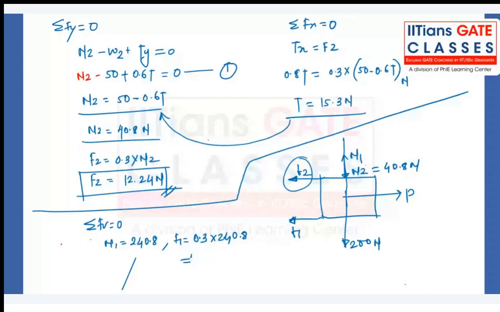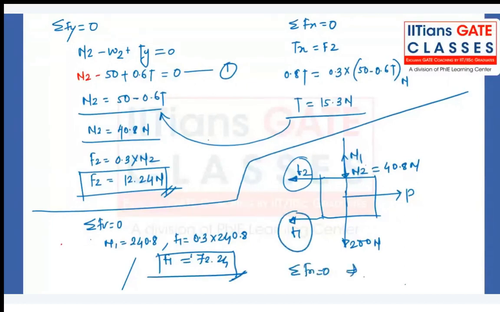So you got the value of F1, you got the value of F2. If you apply summation of all horizontal forces equal to 0, this will give you P is equal to F1 plus F2. The value of F1 is 72.24, value of F2 is 12.24, so it is 84.48.